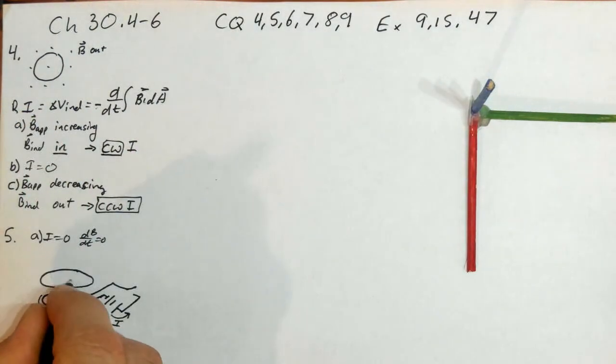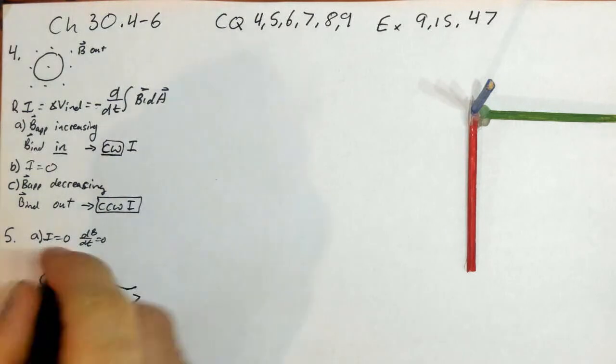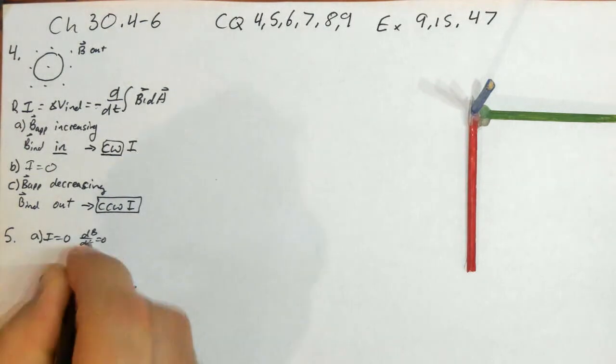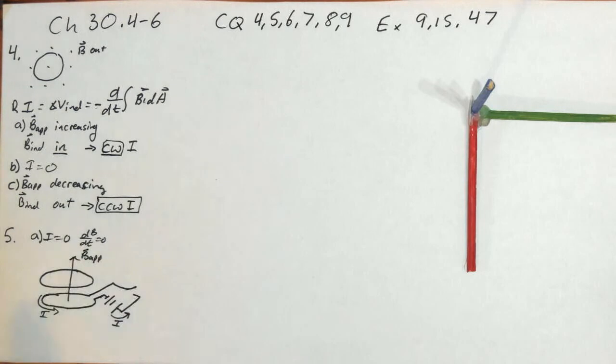So our B field that's created by this, the applied B field, is like that. And it was 0 and then that, which means the change in B field, dB/dt, is also up. Okay, it went from 0 to up, which means final minus initial would be up.